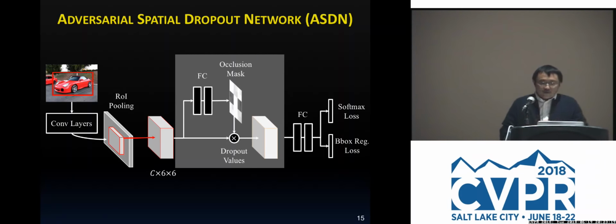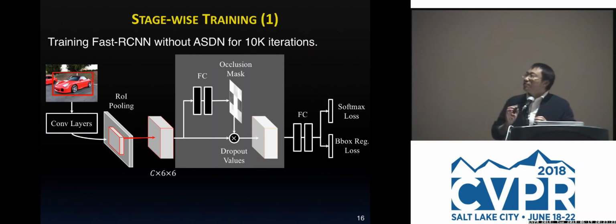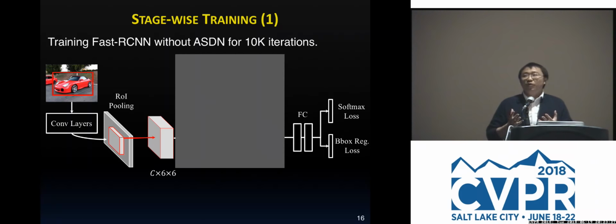And following are our training methods. We first train the Fast R-CNN without the adversarial network, so that the high-level features get a sense of how the objects should look.